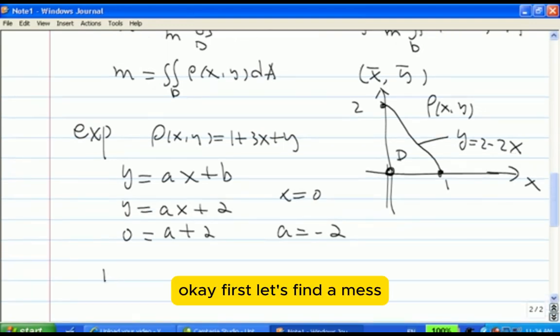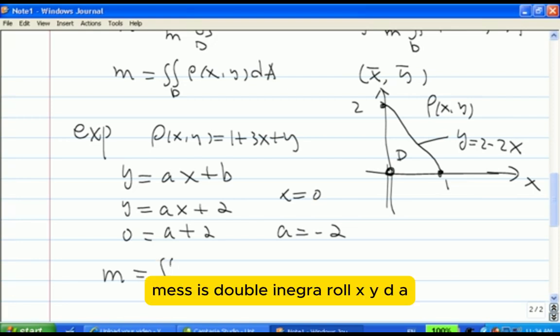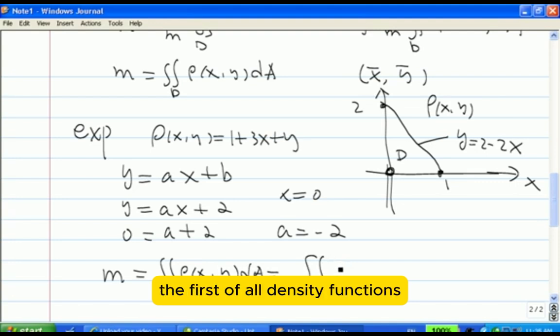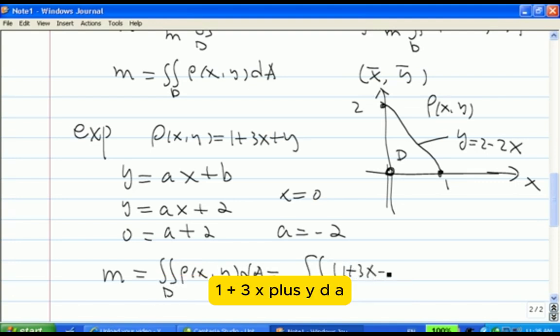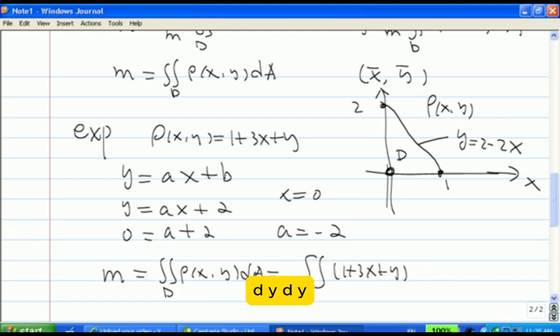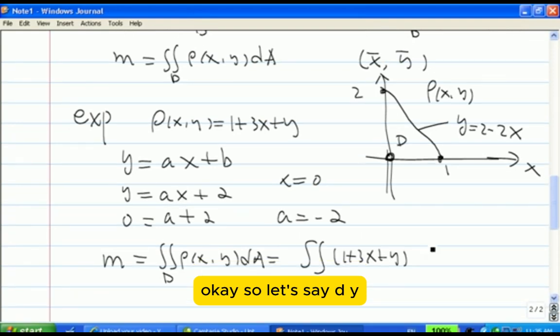First let's find the mass. Mass is the double integral of rho of x y dA. The density function is 1 plus 3x plus y. You can replace the dA with dx dy, dy dx, or r dr d theta. Let's say dy dx.